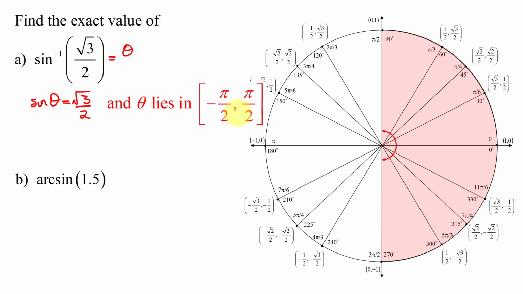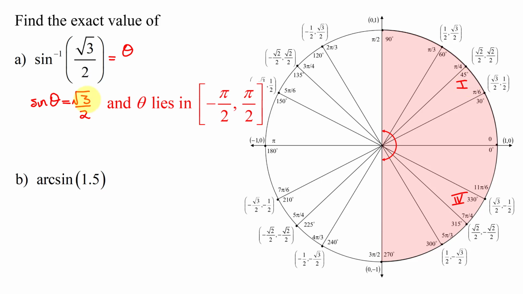Now I'm restricted to quadrant 1 and quadrant 4. My sine value is positive. Remember, the sine is the y-coordinate. The y-coordinates are positive in quadrant 1, negative in quadrant 4. So my answer must lie in quadrant 1.